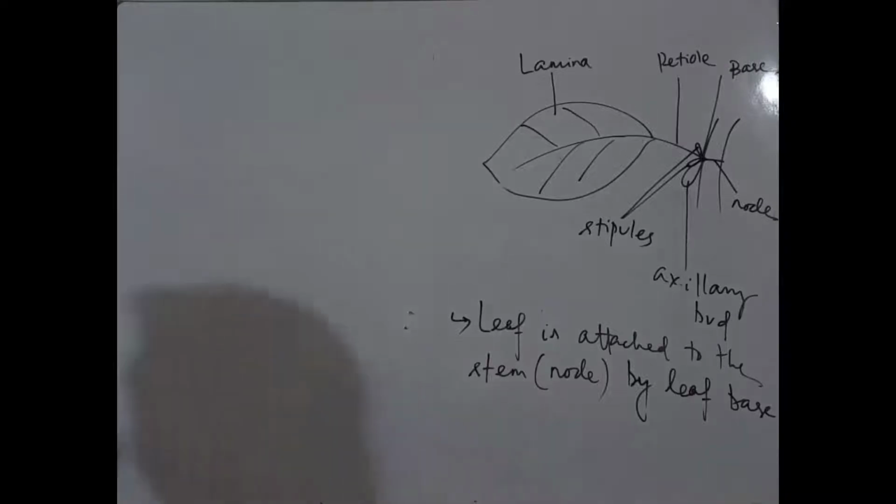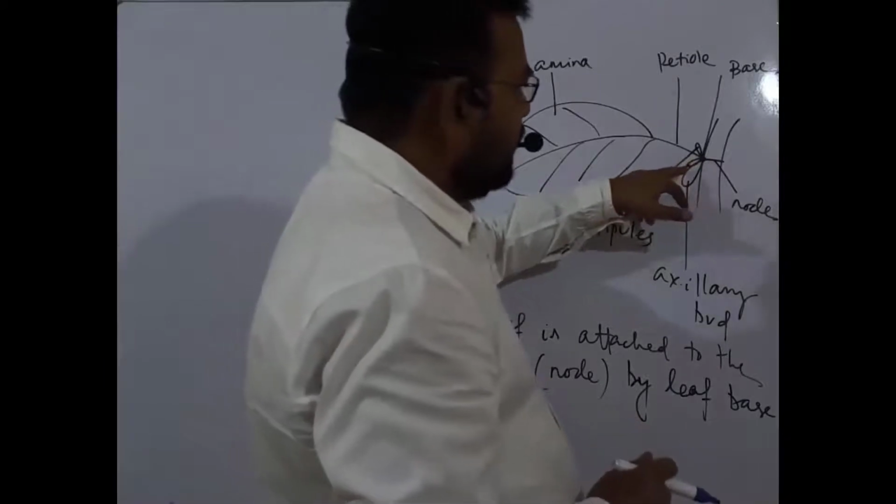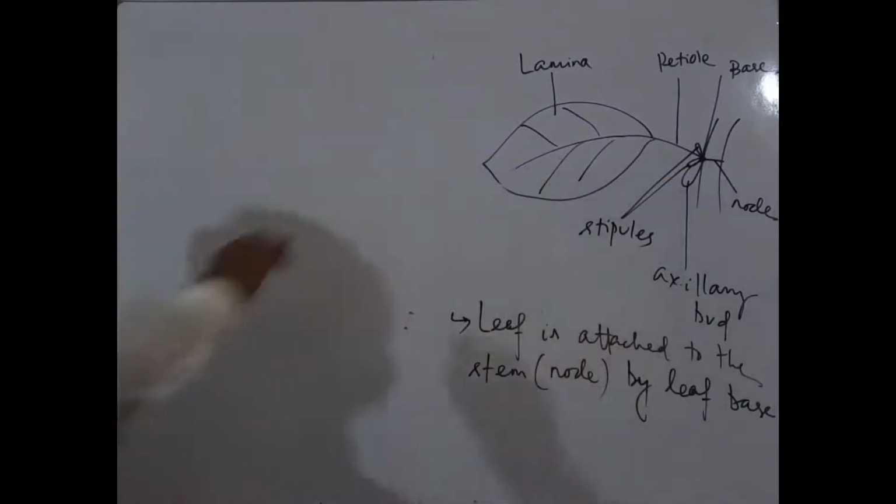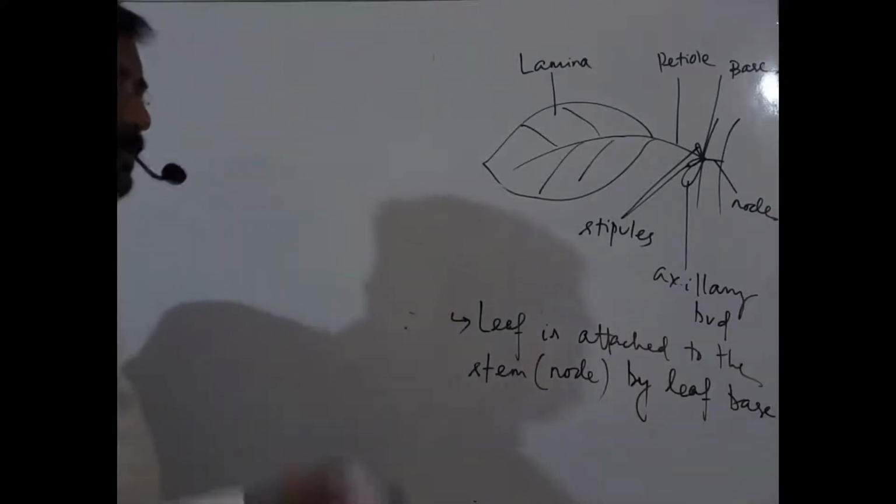And the leaf base may bear two small lateral, दो साइड में लीफ बेस की दोनों साइड में छोटे छोटे दो स्मॉल लैटरल अपेंडेजेस हैं, जिसका नाम है stipules. That may be present, may not be present.